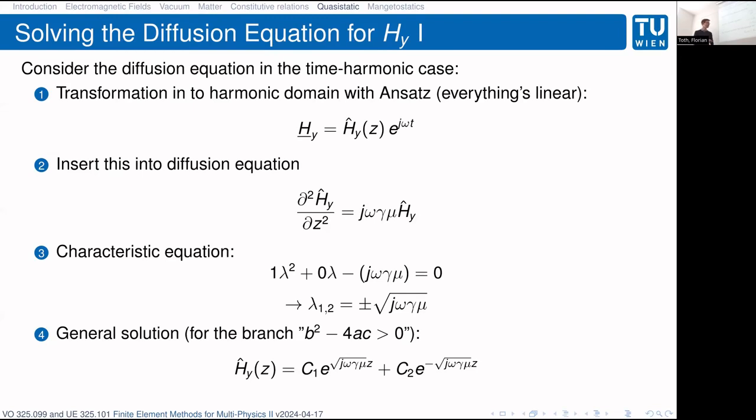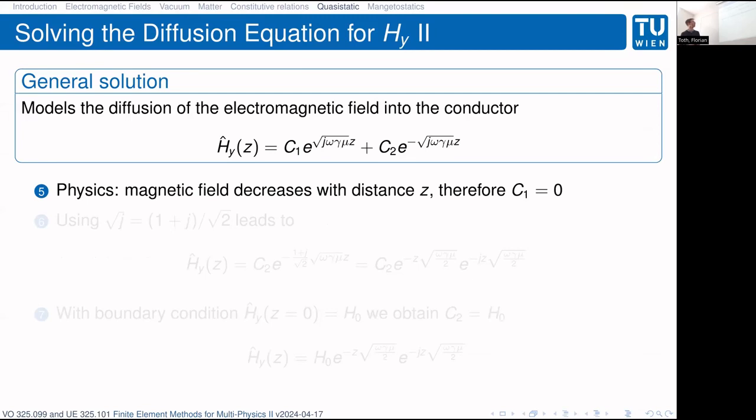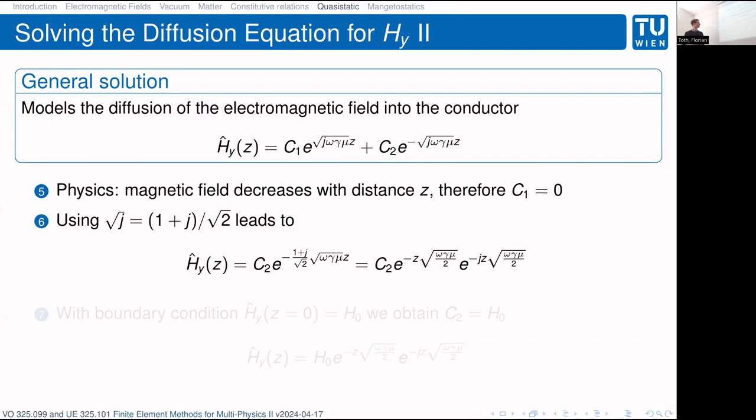In order to determine the coefficients now, we have to think about the physical behavior. The fields should remain bounded, making C1 zero, and the second coefficient C2 can then be obtained from the field condition of the excitation.